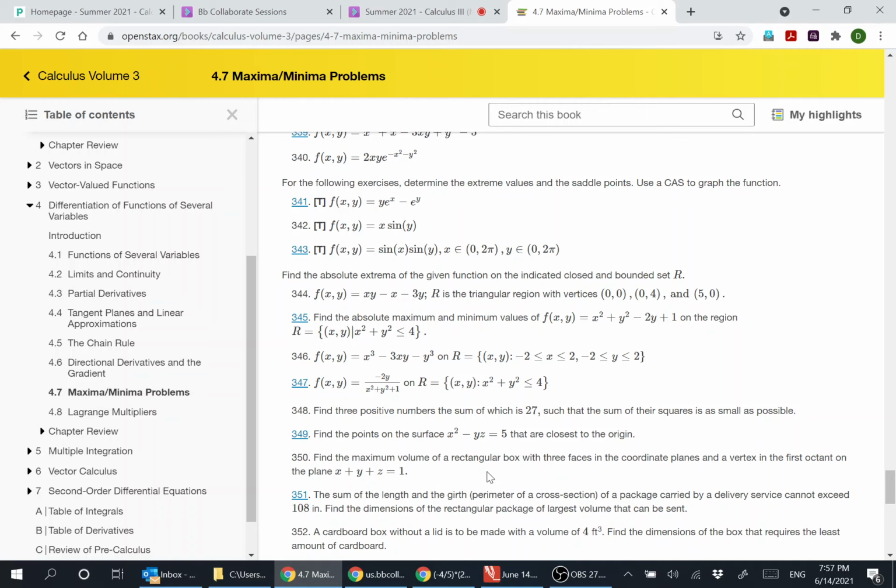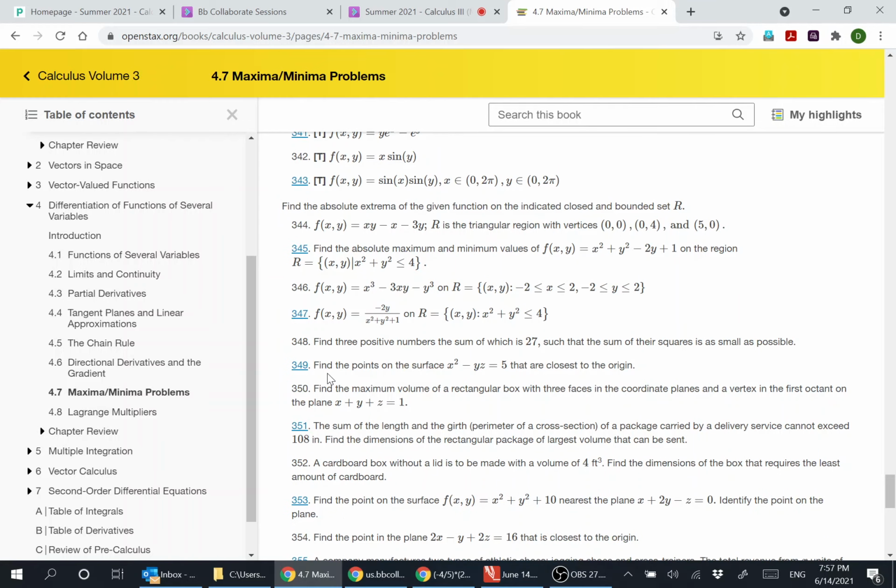So let's take a look at one of the ones they have here. We got 346. We did that. 349. So find the points on the surface x squared minus yz equal to 5 that are closest to the origin.